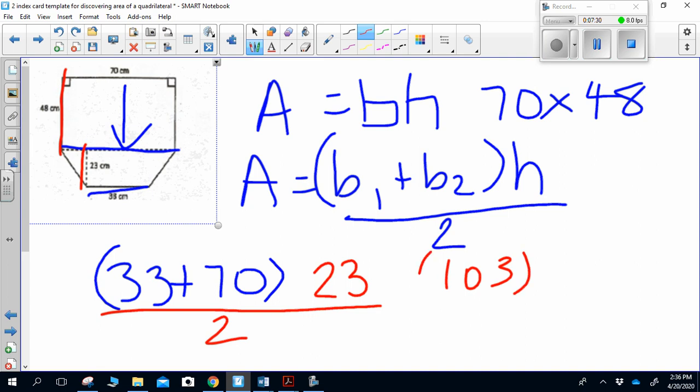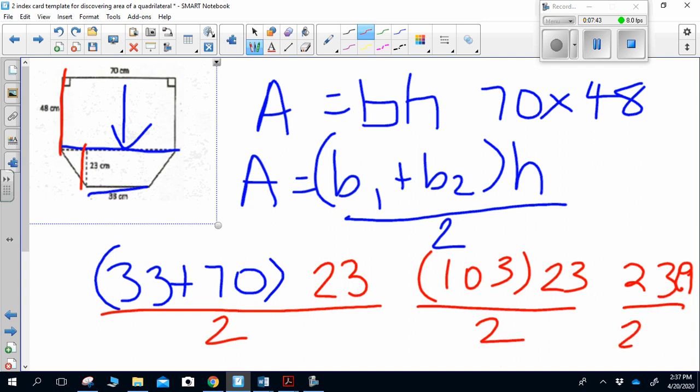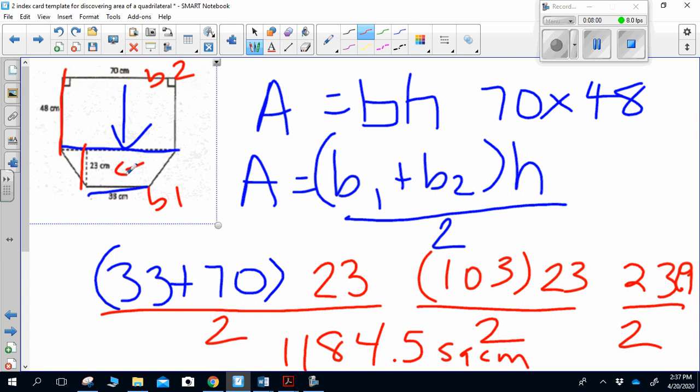Then I took my 103 and multiplied it by 23. And so that gave me 2,369. Then I need to take that value and divide it by 2. So 2,369 divided by 2 is 1,184 and 5/10 square centimeters. So write that down. So this was B2, this was B1, and then that, of course, was the height.